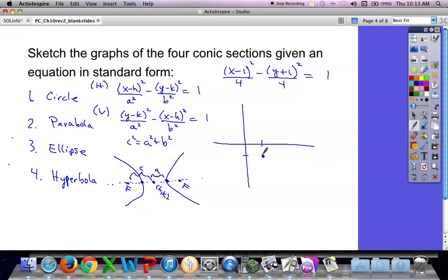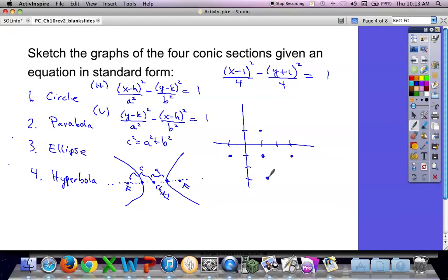That's the center. Okay, now a squared is 4, so a is 2, which is telling me I should go in the x direction, go 2 to the right, 2 to the left. Okay, what do I do with the b squared, or b equals 2? I've got to go up 2 and down 2.